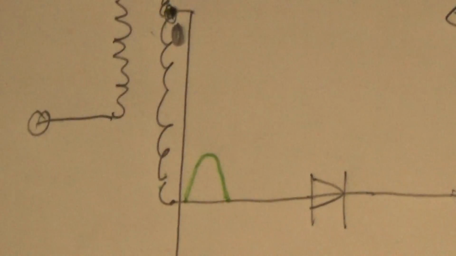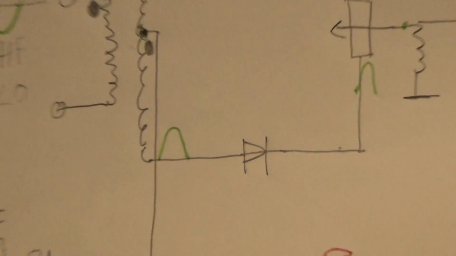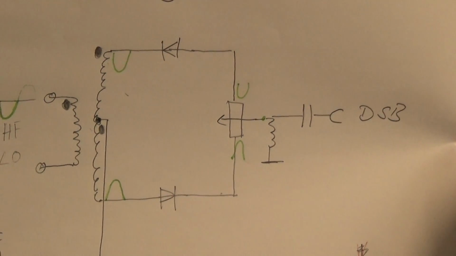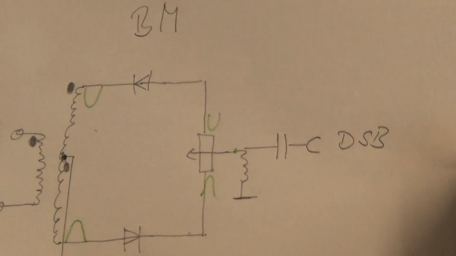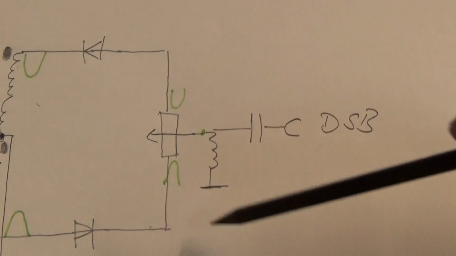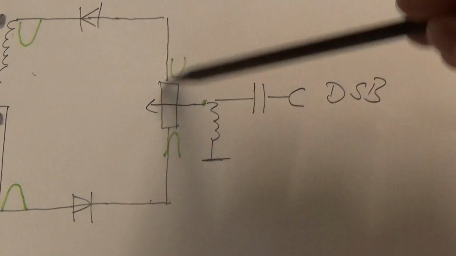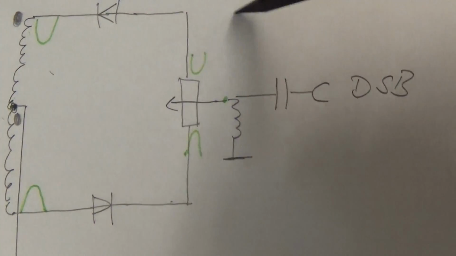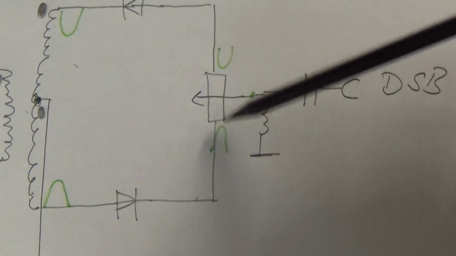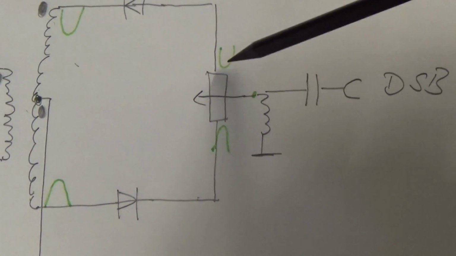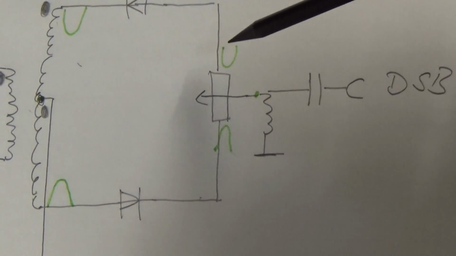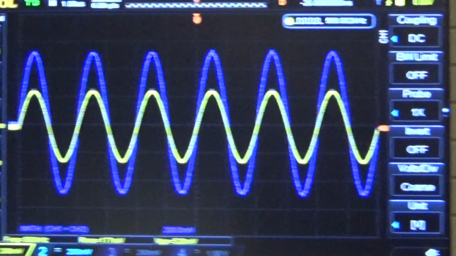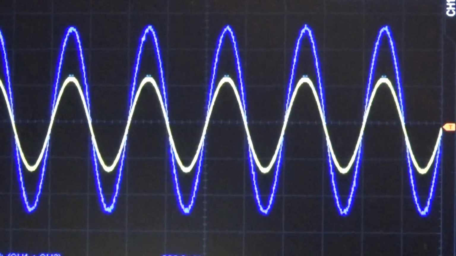So let me zoom out a little bit. That would happen if we had, for instance, a positive half wave on both sides, then this positive half wave would get summed up like we can see it here on our scope.